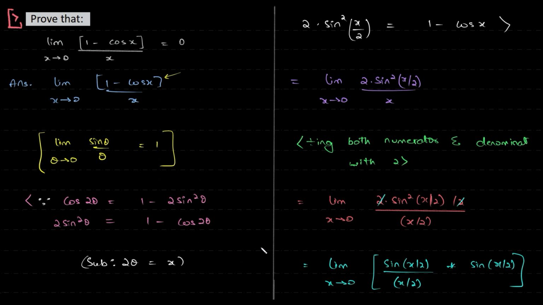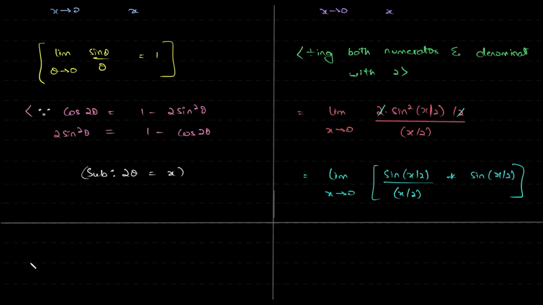Now we know the algebra of limits, we can apply the limit to each of these functions individually. So we end up with this, into limit x tends to 0 sin x by 2.